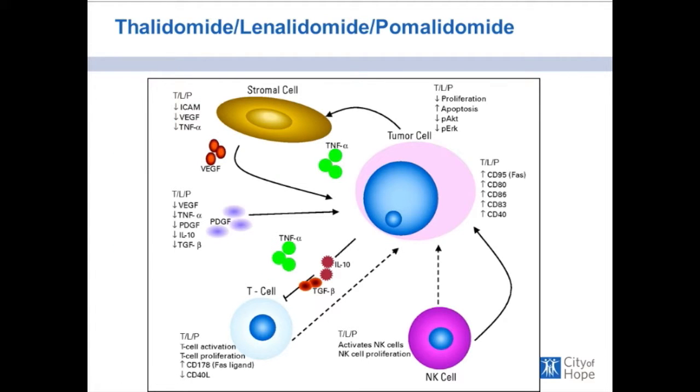So for the IMiDs, they have a host of effects in the microenvironment. We don't have time to go through each of the different alterations, but they have effects on every immune cell, and ultimately it's felt that this results in control of the tumor.